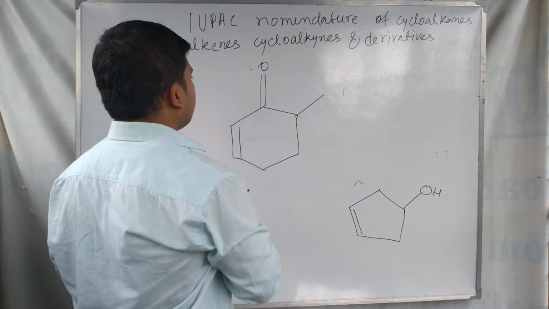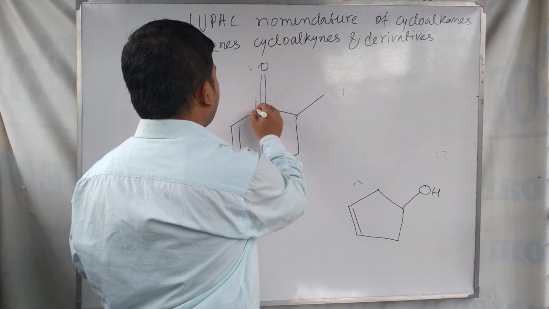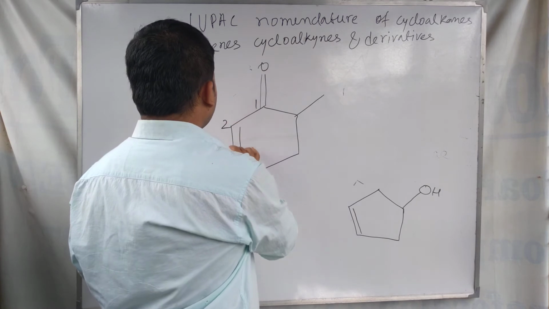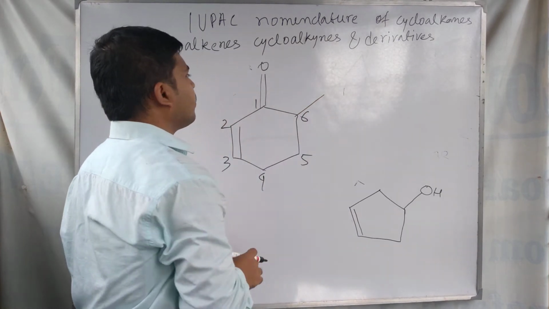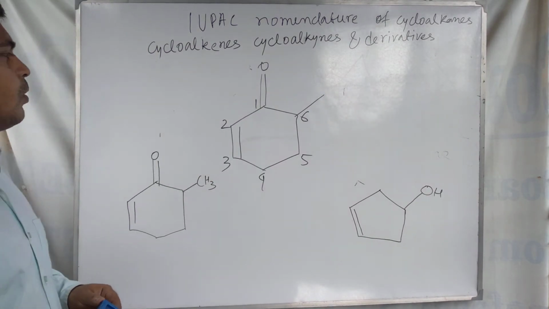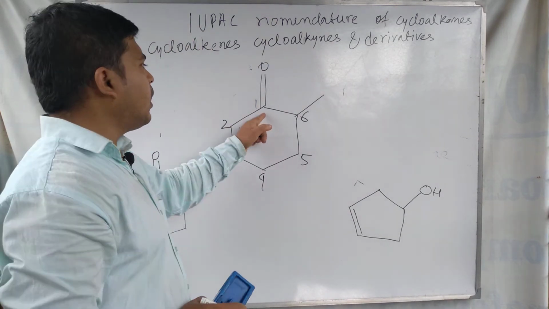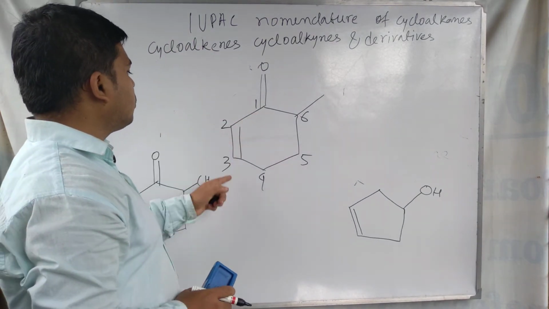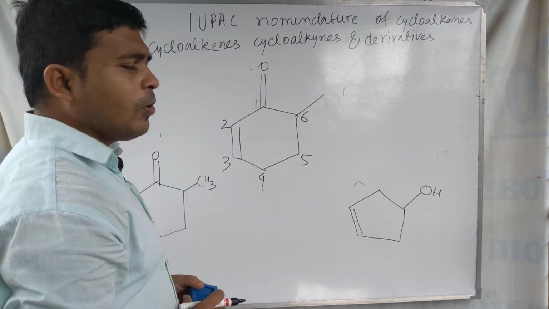In this case, we have to write the IUPAC name, so we have to number it like 1, 2, 3, 4, 5 and 6. The functional group is C double bond O, and for this reason the functional group gets the lowest possible number. So 1, 2, 3, 4, 5, 6 is the numbering of this cyclic compound.